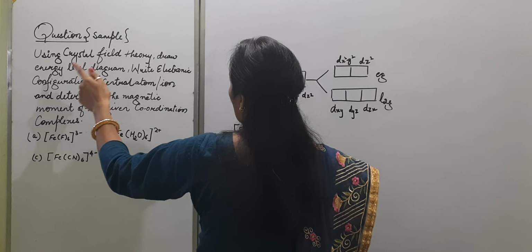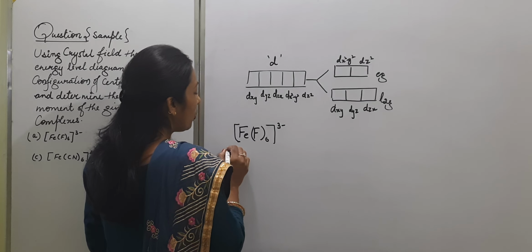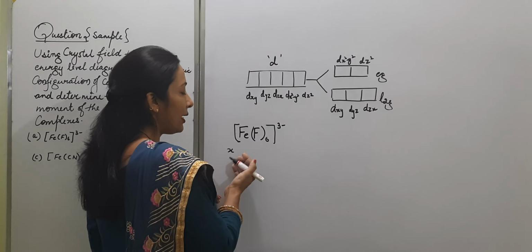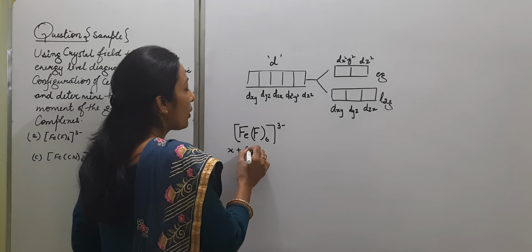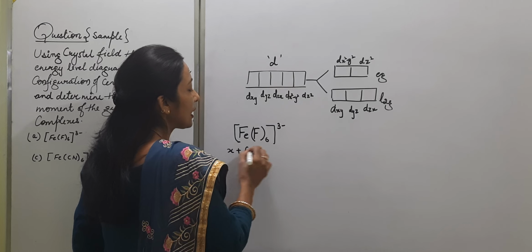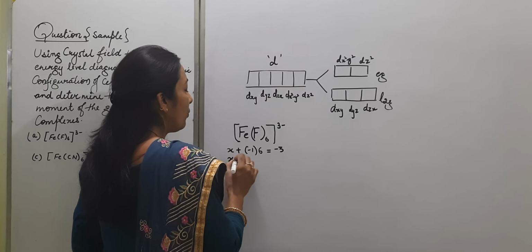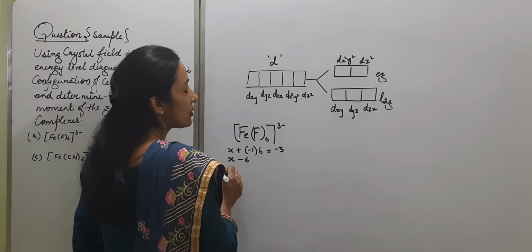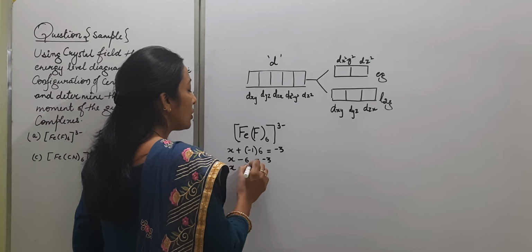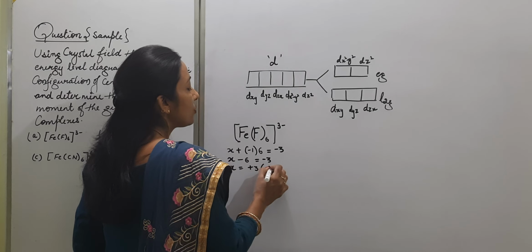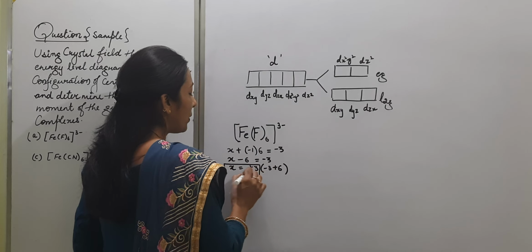It says we have to draw the energy level and find out the electronic configuration. I don't know which oxidation state iron is in, so let's assume it to be x, and the fluorine is -1, 6 atoms in total, and the overall charge is -3. Then we have x minus 6 equal to -3, and x equals +3, as -3 and +6 will go there and we will have oxidation number +3.